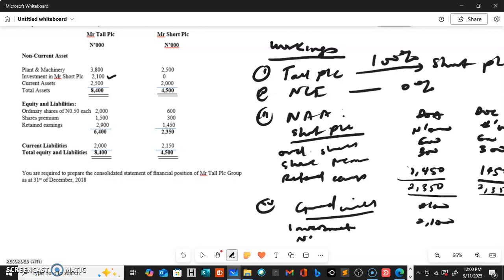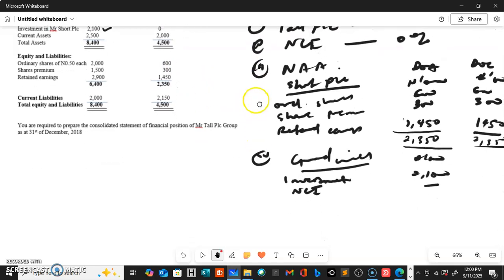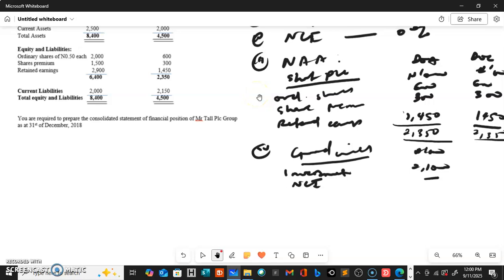And do we have any NCI? No NCI. That is zero. What is the total amount of net asset acquired? The net asset acquired as at this period is 2,350.